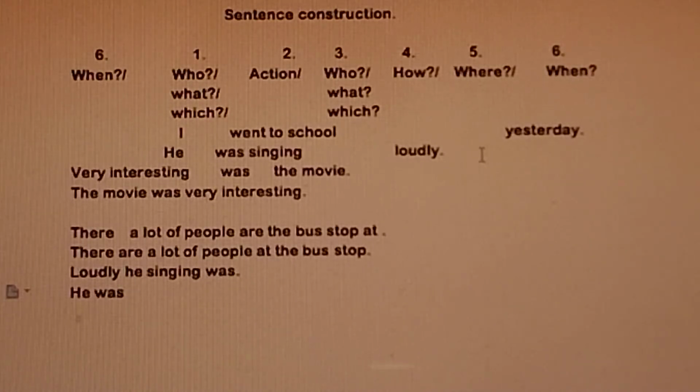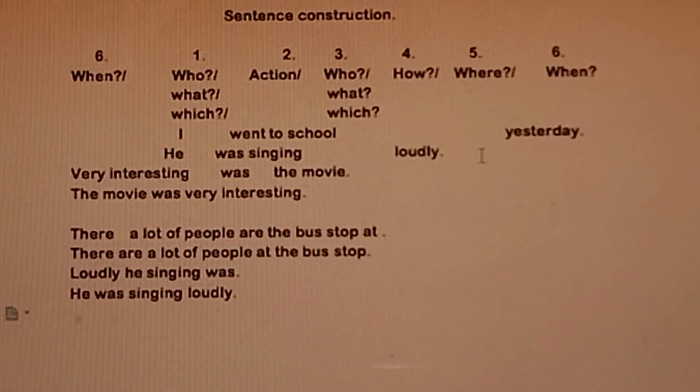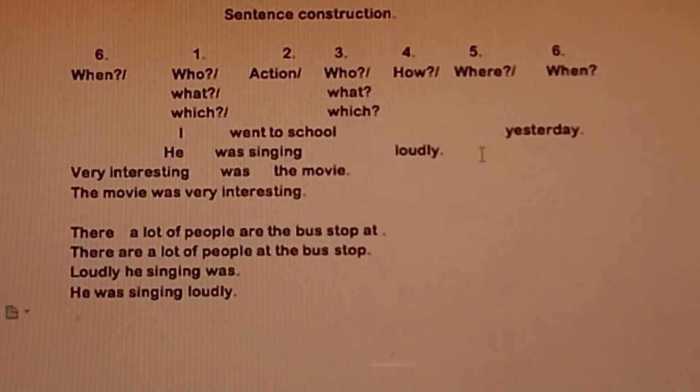The action was singing. Who, again, we don't have two who's there, so how was he singing? Loudly. I hope you understand. Very good. Now let's go on and look at some more examples.